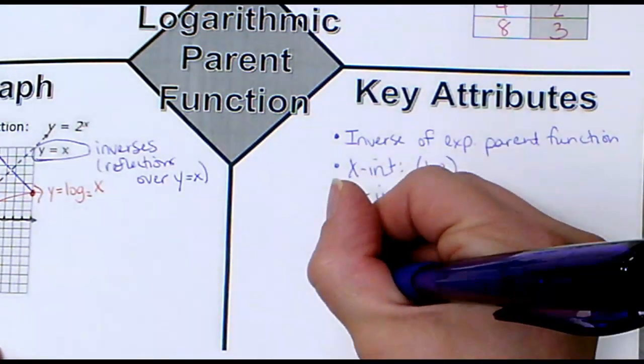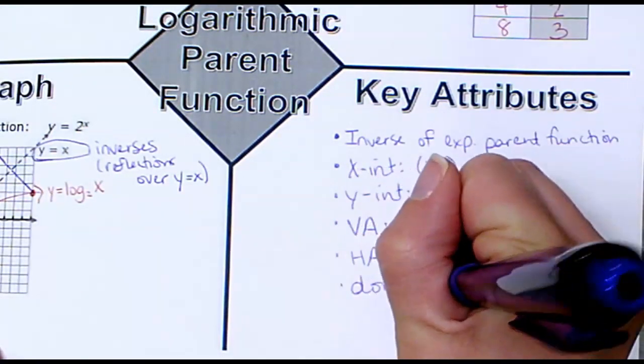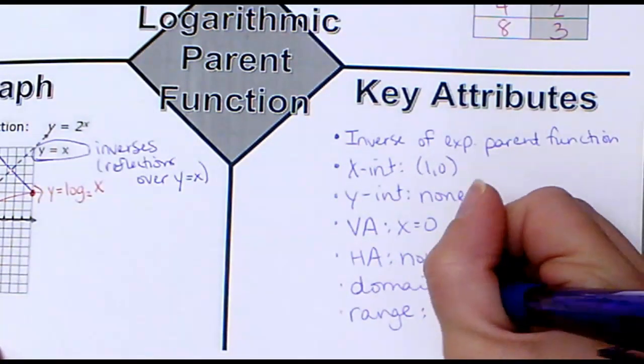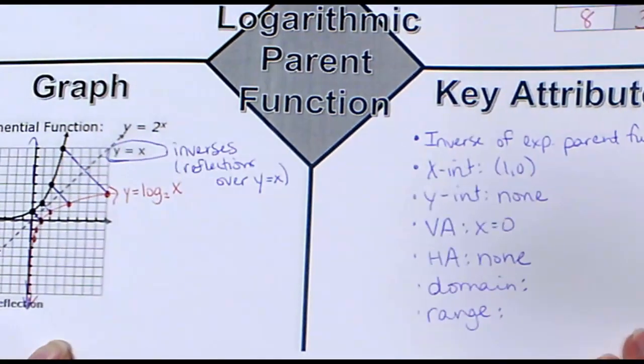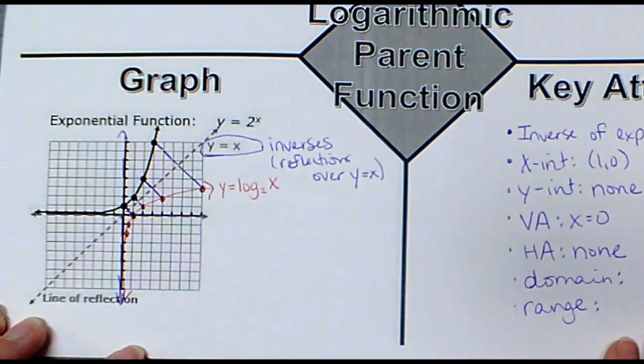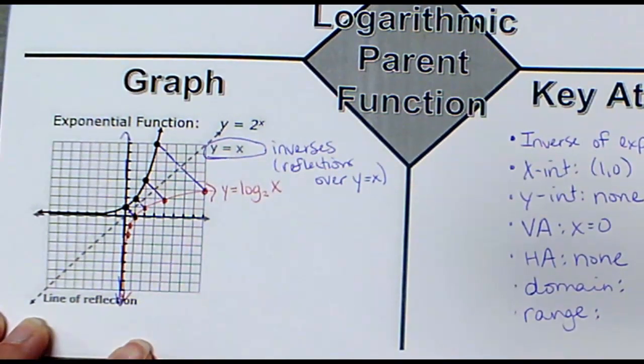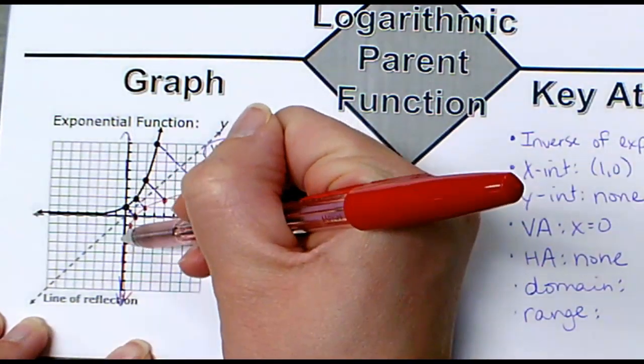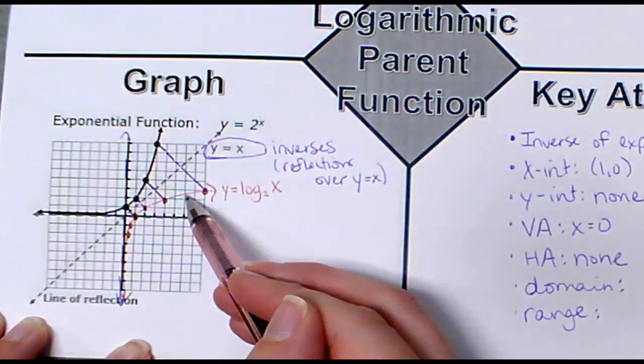The domain and the range are the last two things that we're going to discuss. For the domain, from the left to the right, on the left I see that it stops at x equals 0, but then it keeps going to the right.